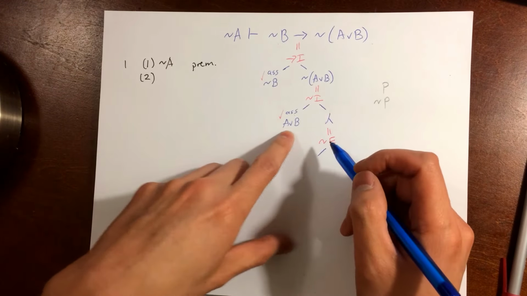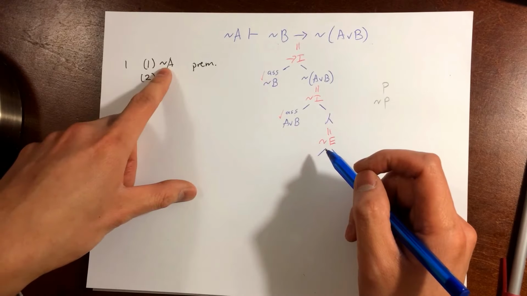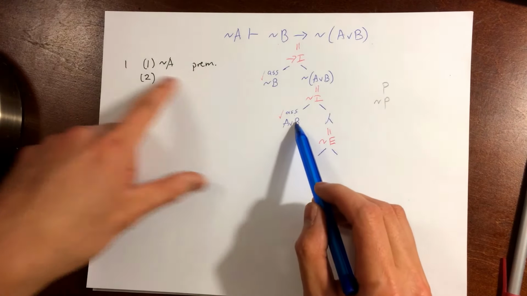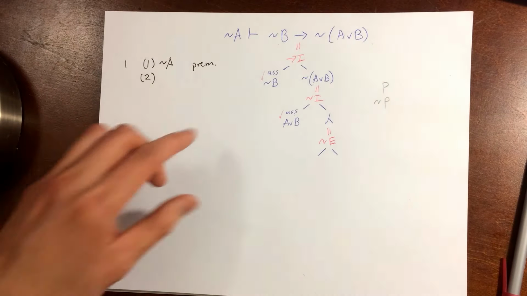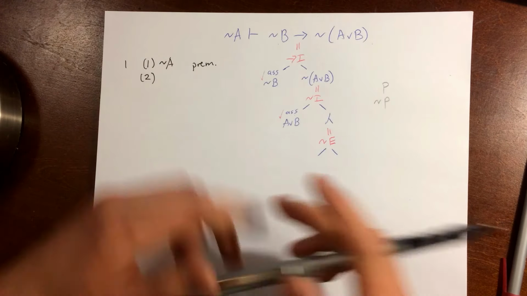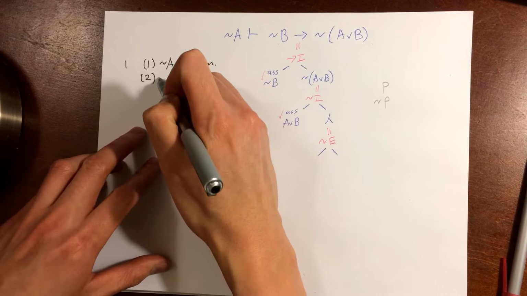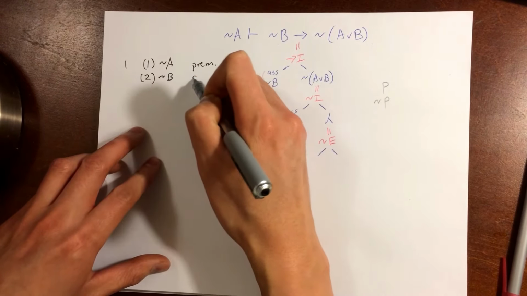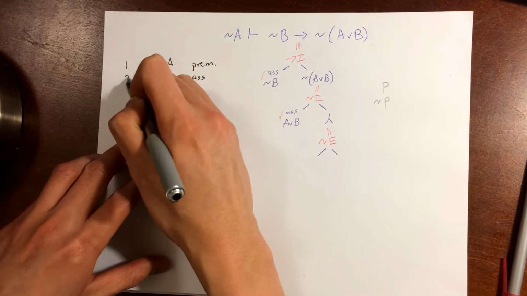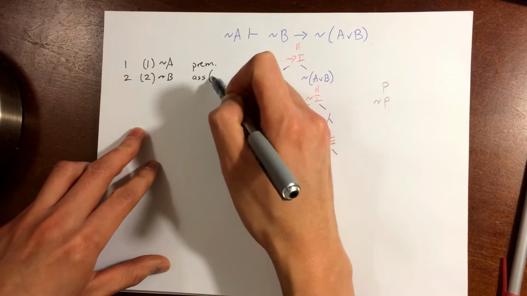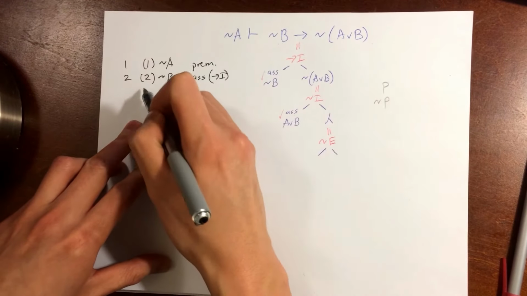We have A or B, we have not A, and we have not B. So this is the stuff we sort of have to work with. If you want to pause and write the assumptions out just so you have them, that would work as well. And here a note is going to match the rule with which it's going to attach to.